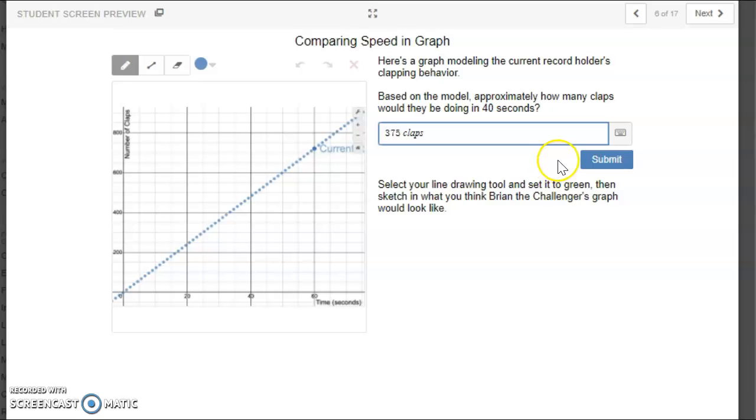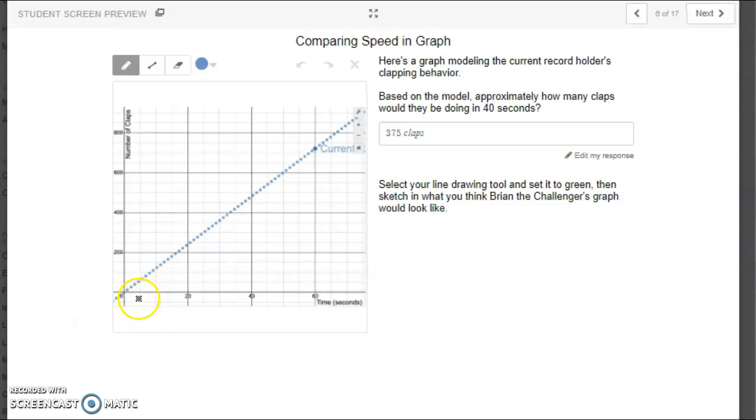Okay, and then it says to select your line drawing tool and set it to green, then sketch where you think Brian's challenge graph would look like. Okay, so we said that he was able to clap 62 claps in 4.5 seconds.